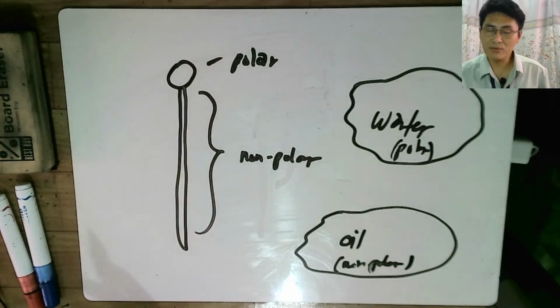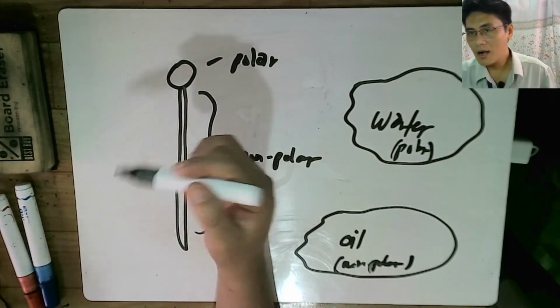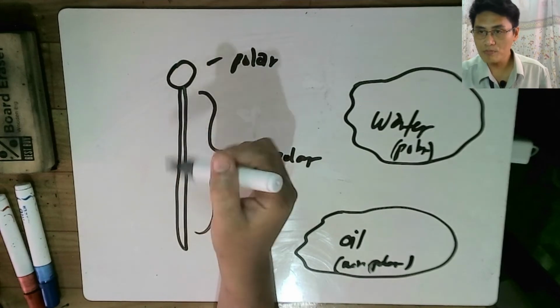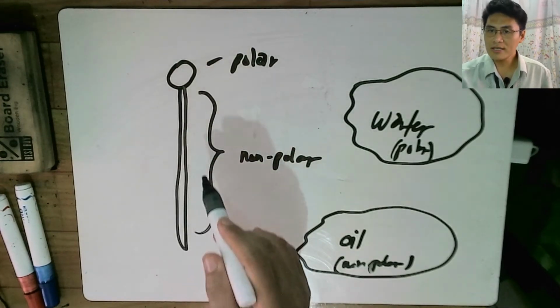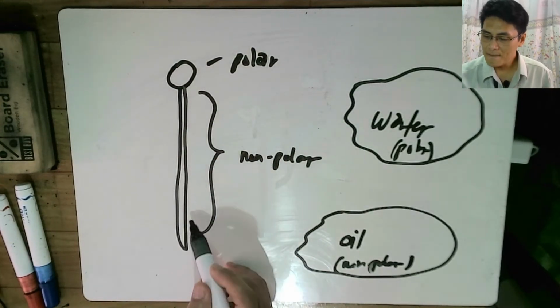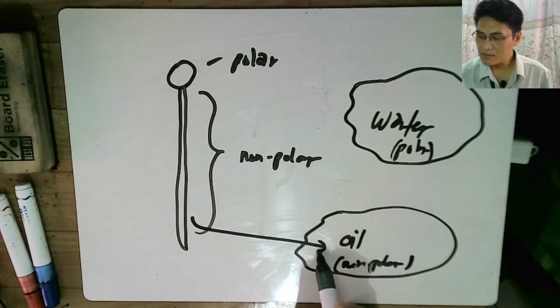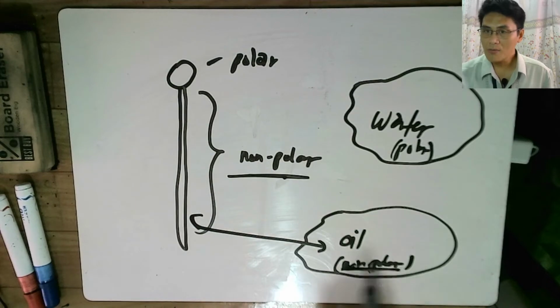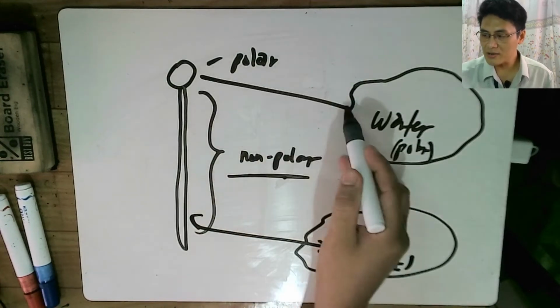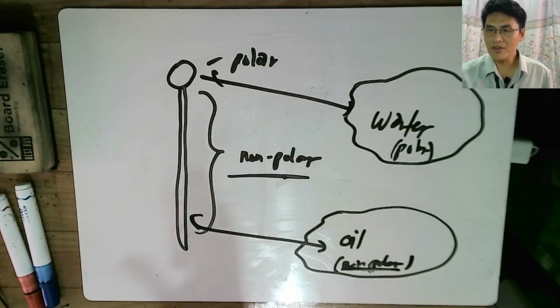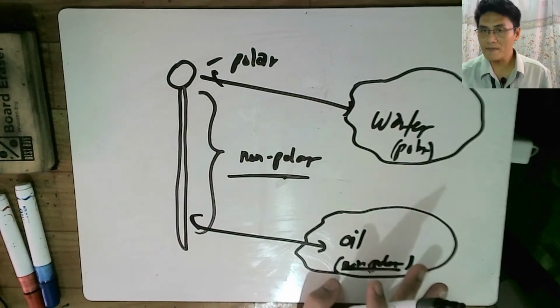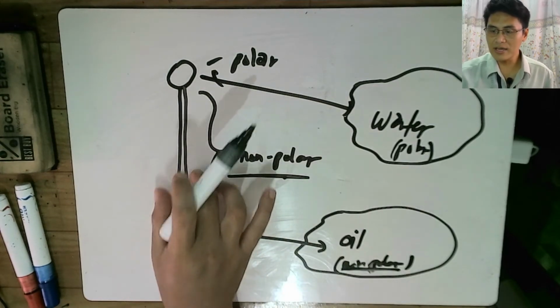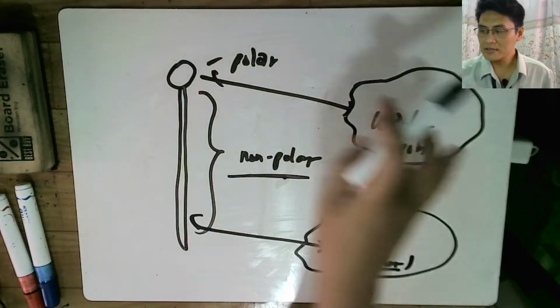people discovered how to create substances like soap. And this soap molecule is good because it will attract the oil via the tail, because the tail is nonpolar and the oil is nonpolar. But at the same time, the head is still attracted by the water. So think of it as the tail sticks to the oil, but the tail is connected to the head, and the head is attracted to the water.